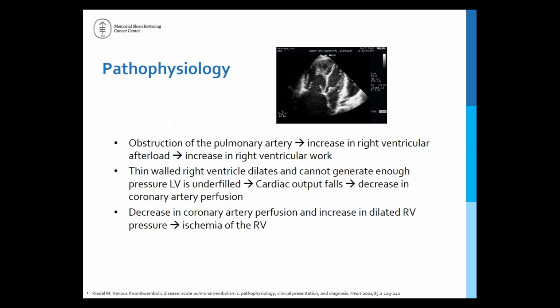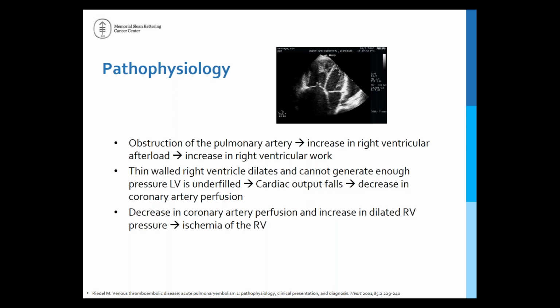And the right ventricle is not built for that. So this very thin-walled, weak-walled right ventricle dilates, and it cannot generate enough force to overcome the afterload of the elevated pulmonary artery pressure.